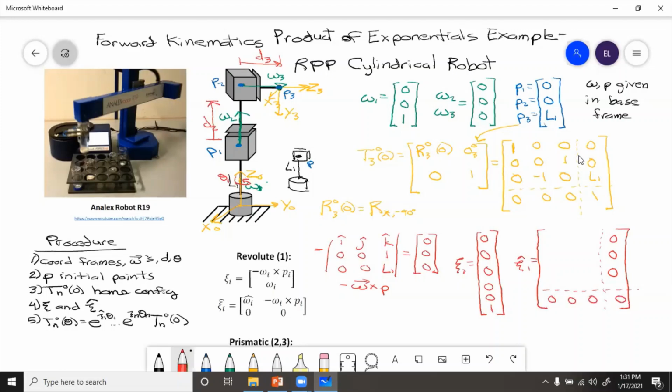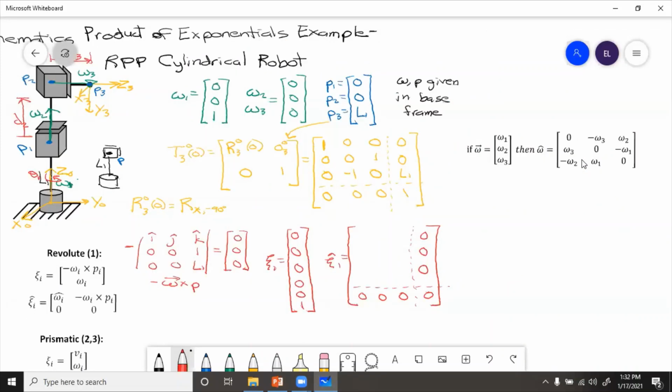So now we just need that omega hat. Here is the formula for omega hat. Well, we know that omega equals 0, 0, 1. So omega hat 1 equals, we'll have zeros along the main diagonal. And then the third component of omega is 1.